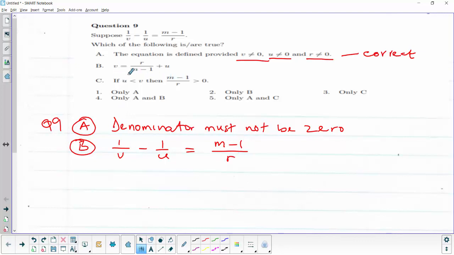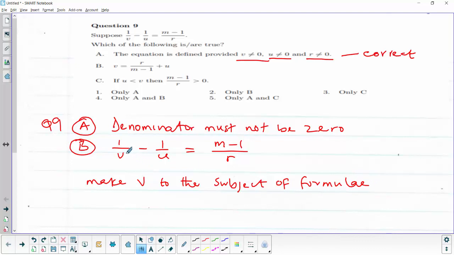So this one is telling us that we need to make v the subject of the formula. That is what we are going to do now. So let us try it.